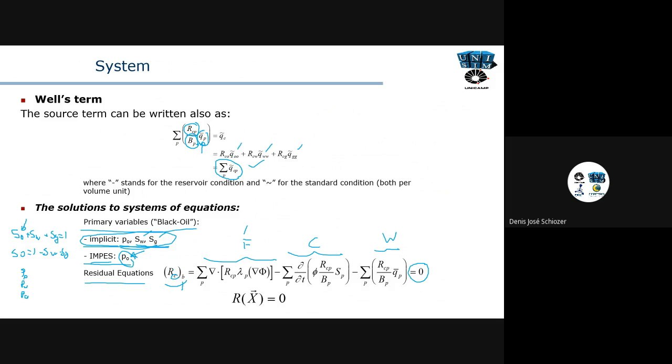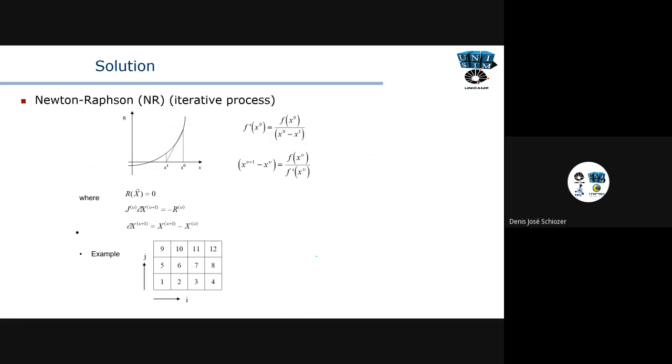So as we are going to solve that numerically, we are going to give an initial value, and then we are going to go through an iterative procedure where we try to get the values of the main variables and check if the residuals are 0, okay? So let me first explain a very simple equation, how we do this, and then I'm going to apply this concept to the mass balance equation in the reservoir.